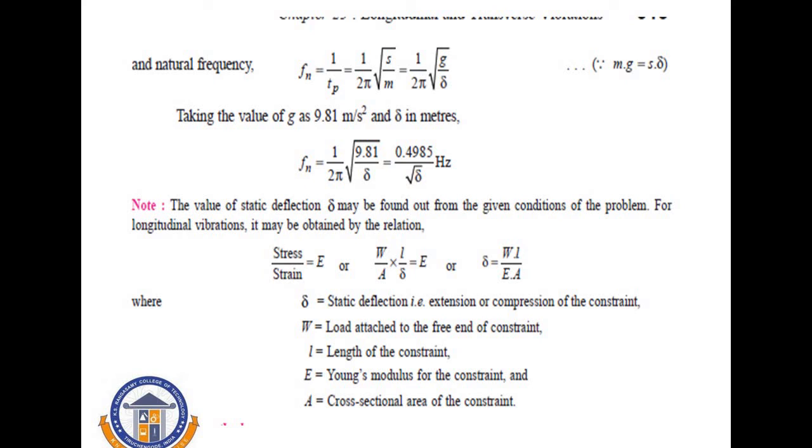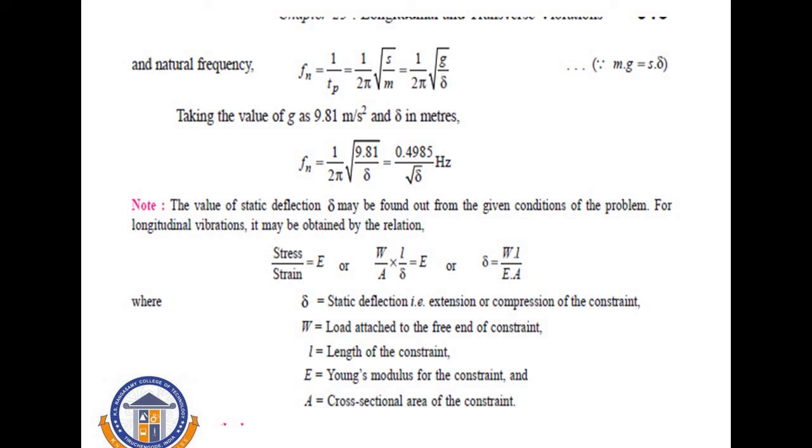So W by A into L by delta equal to E. We are interested in finding delta, so delta can be calculated as W into L divided by E into A, where delta is the static deflection, the extension or the compression of the constraint.